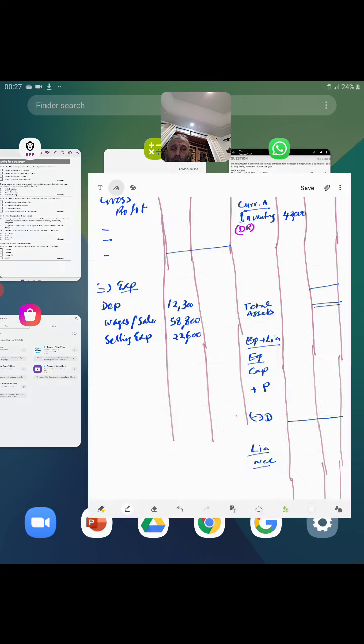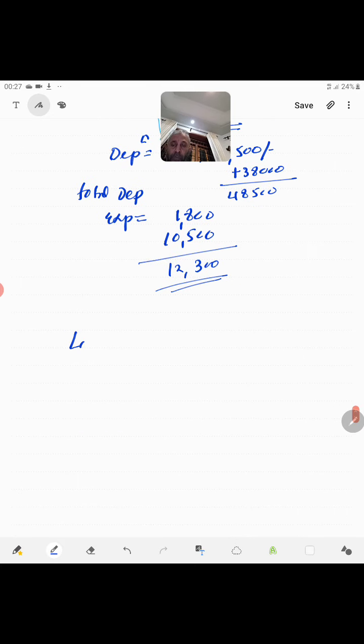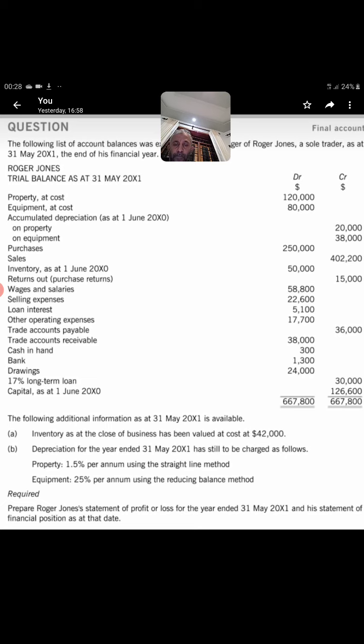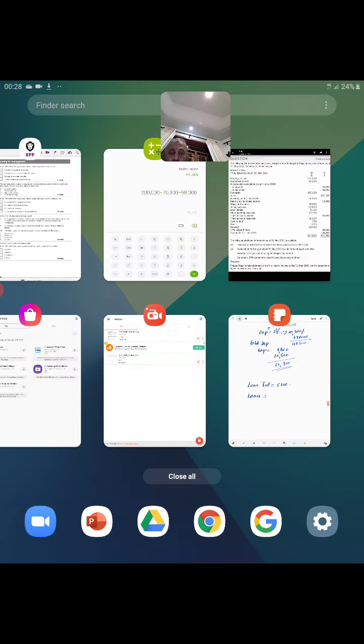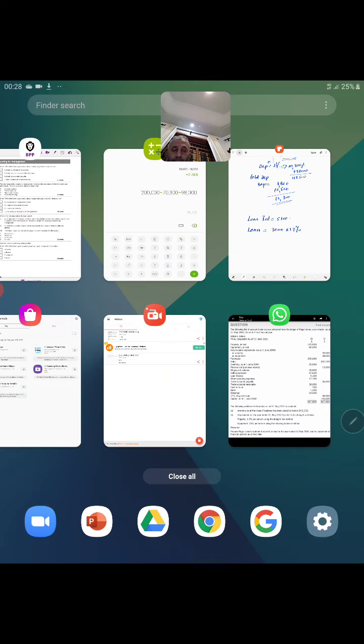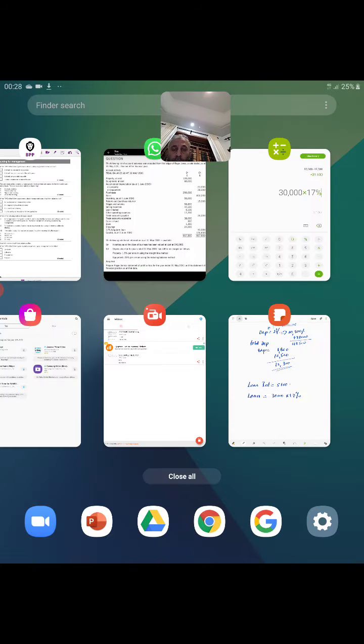Now, when it comes to loan interest, you need to do one additional test. They said 5,100. We need to check the loan balance in the TB. The loan balance in the TB is 30,000, at 17% interest. We need to find out how much this is.